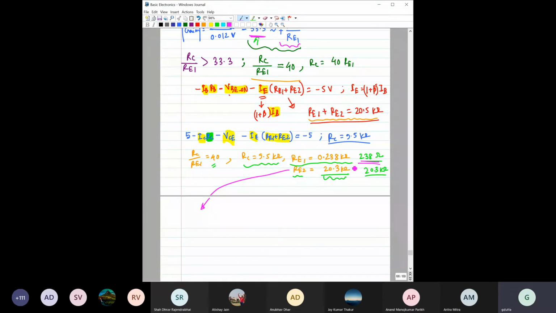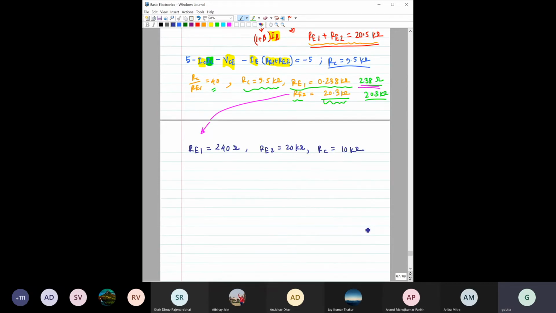So depending on that, I am taking the same example given in your book. Say you have chosen RE1 equal to 240 ohm and RE2 equal to 20 kilo ohm, because these resistance values are available. And this RC, say it is 9.5, you have taken it as 10 kilo ohm.